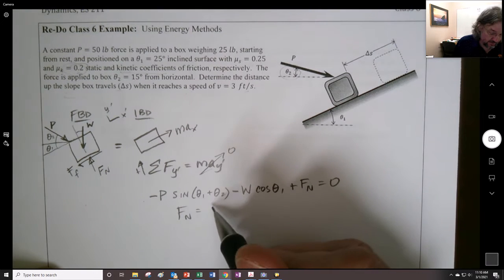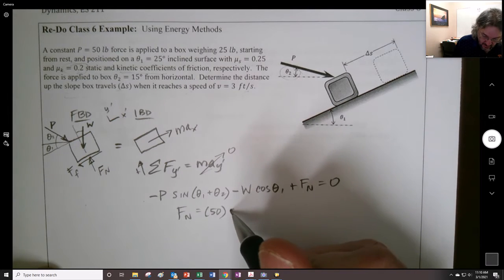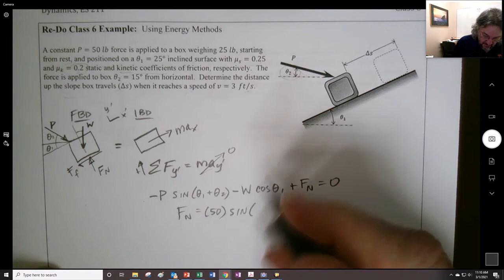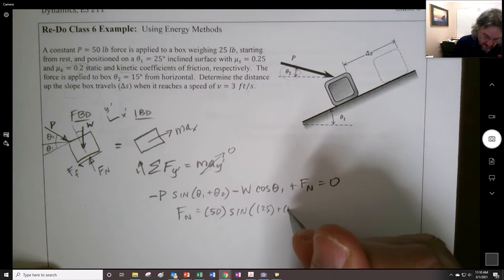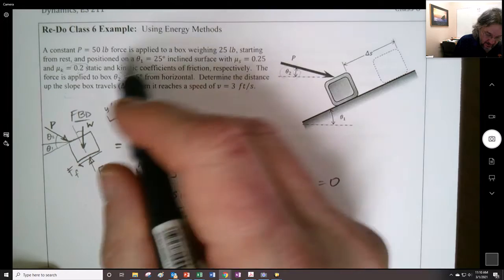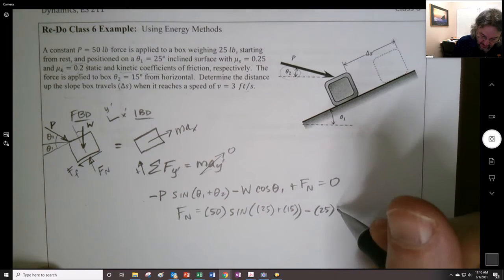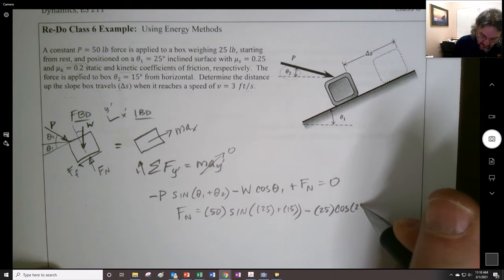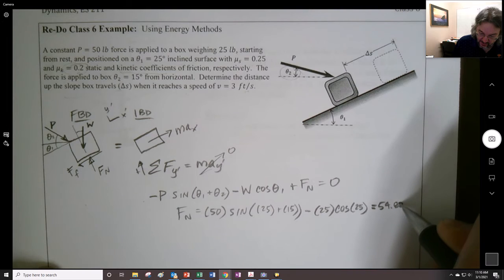So the P is 50, the sine of 25 plus 15, and then the weight of the block is 25 pounds, times the cosine of 25 degrees, and what we end up with is 54.80 pounds.